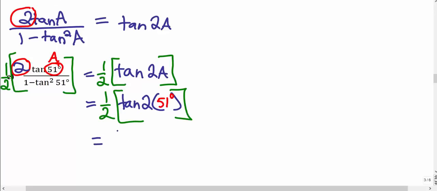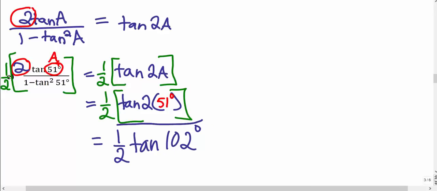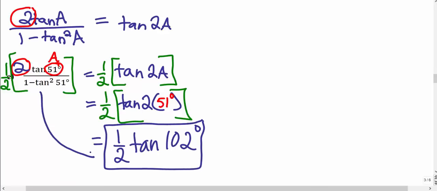So that would be 1/2 times tangent, 2 times 51 is 102. This, once again, is an unfamiliar angle. We do not know what the tangent of 102 degrees is. So we're going to leave that just as is. So the expression that we started with is actually equivalent to not exactly the double angle identity for tangent, but if we multiply by 1/2, then we can use the double angle identity for tangent to actually simplify the given expression.